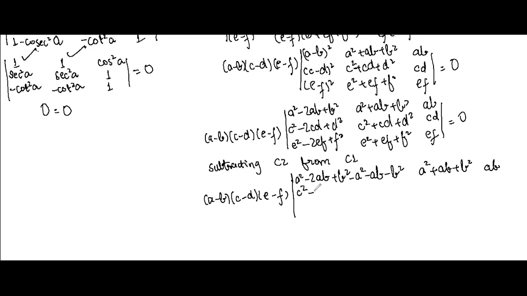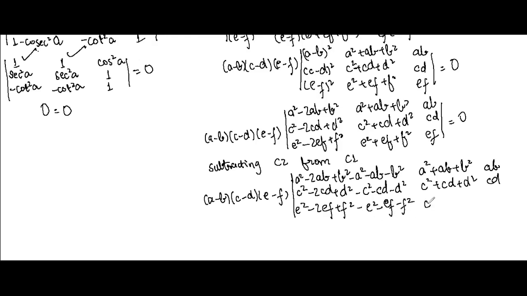Then c² − 2cd + d² − c² − cd − d², then c² + cd + d² and cd. Then e² − 2ef + f² − e² − ef − f², e² + ef + f² and ef, and this is equal to 0.